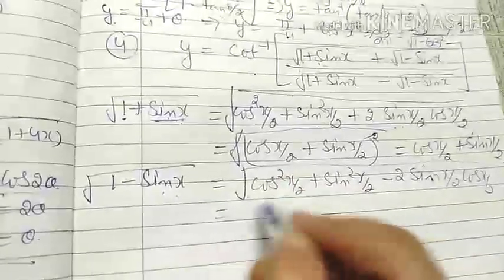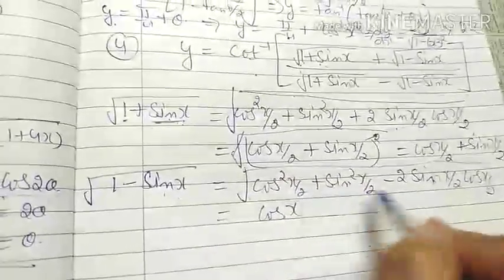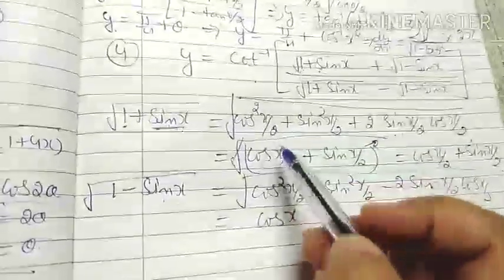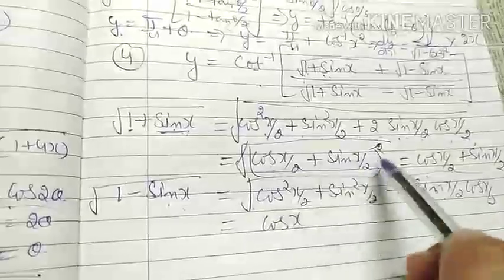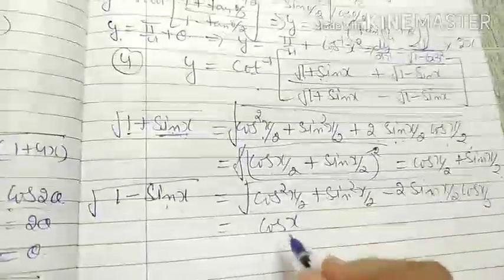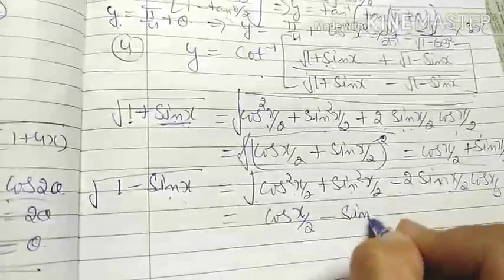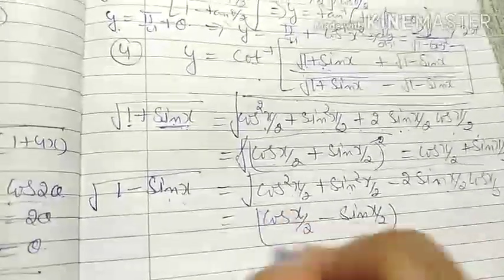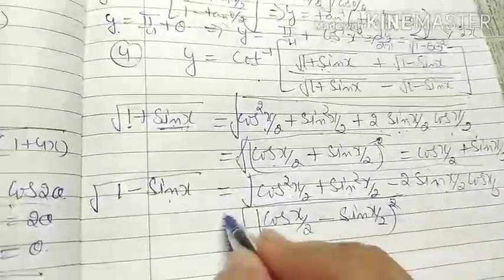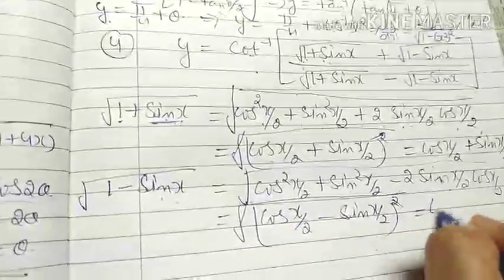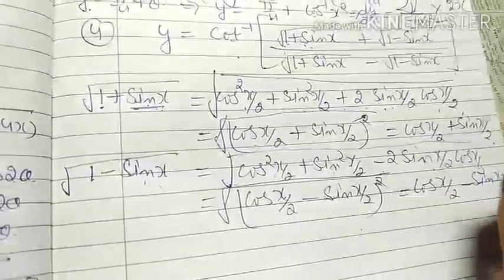Again the perfect square formula: here it is a square plus b square minus 2ab, whereas before it was a square plus b square plus 2ab. So I go with the a plus b whole square formula there, and here I go with the a minus b whole square formula. Cos x by 2 minus sin x by 2 whole square, then square root. Now this square is cancelled with this square root. What is left? Cos x by 2 minus sin x by 2.